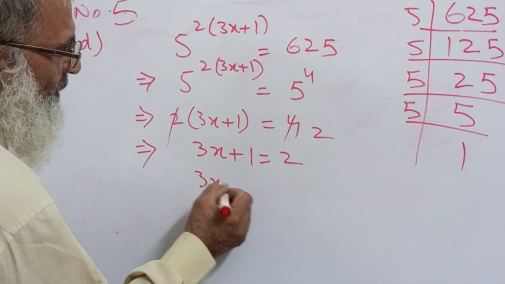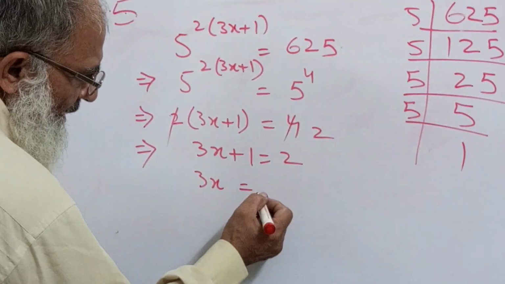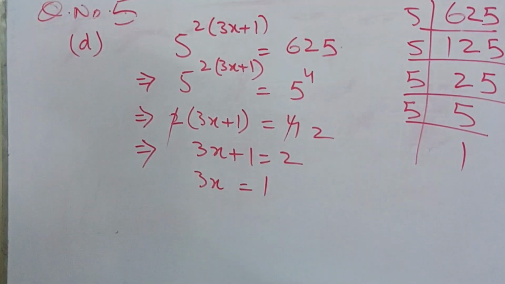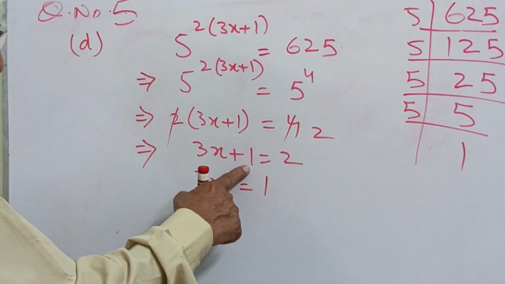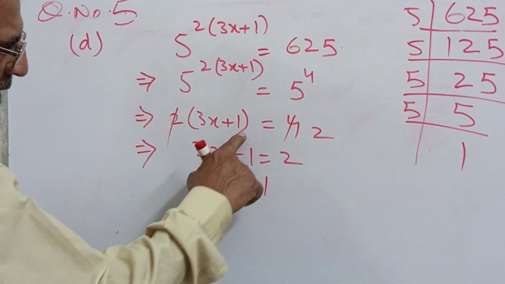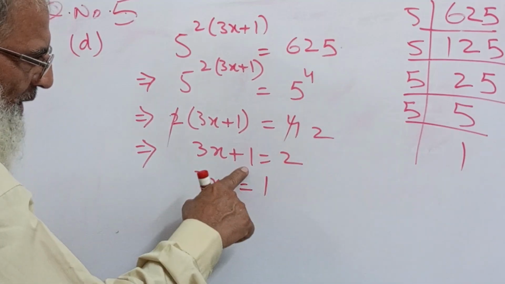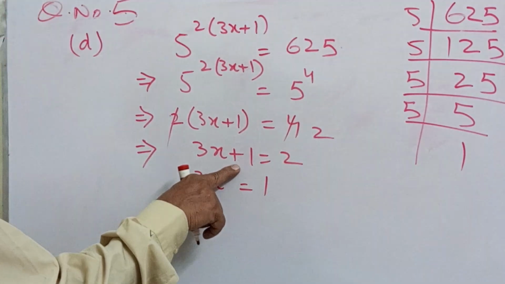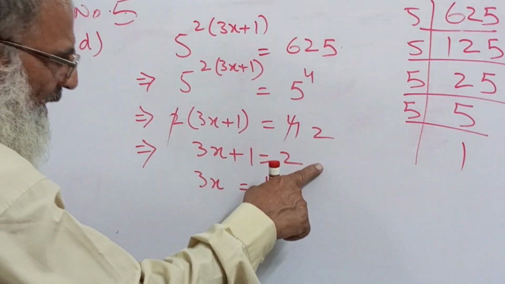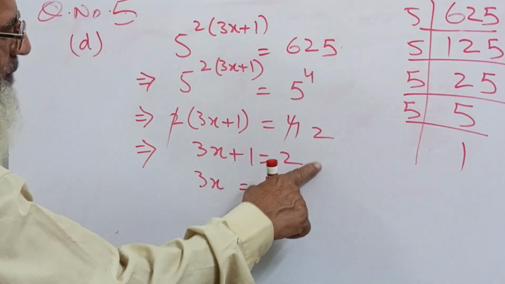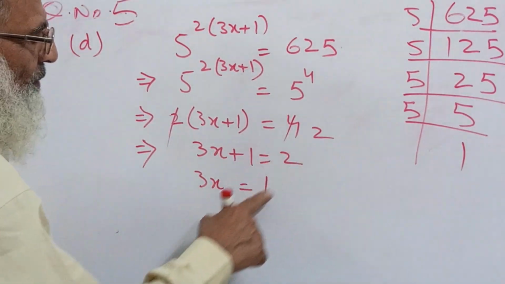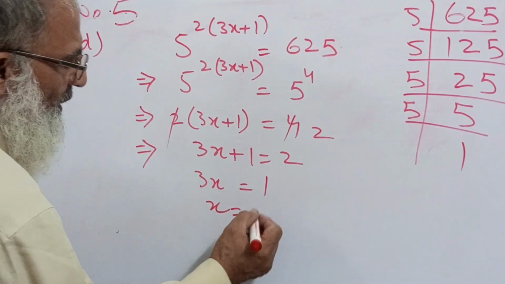Now 3x is equal to 2 minus 1. Take this 1 from here to here, it will be subtracted, because here it is positive, when it moves over here it will become negative. So 2 minus 1 is 1 and x is equal to 1 by 3.